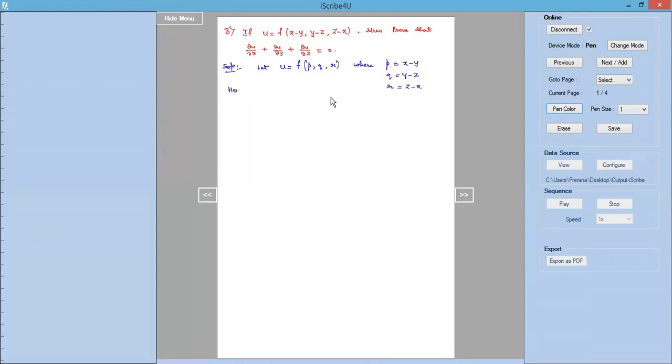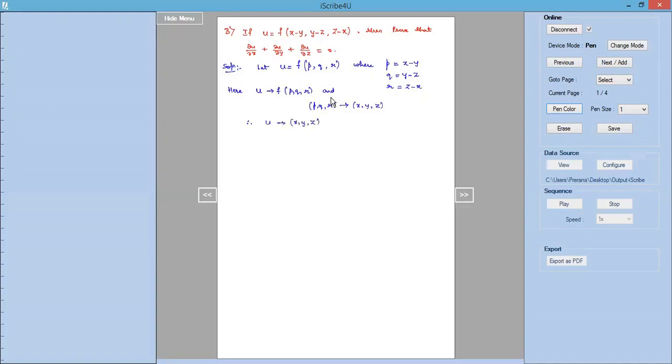So here the analysis of the problem gives us u is a function of P, Q, R, and P, Q, R are functions of x, y, z. So therefore, u will be a function of x, y, z.